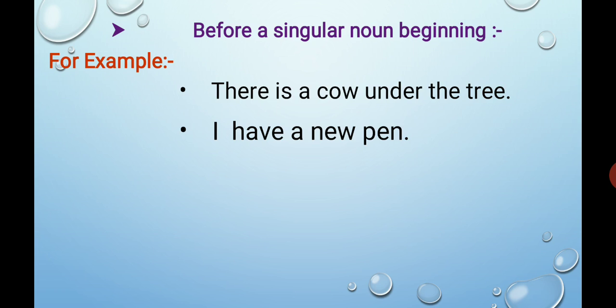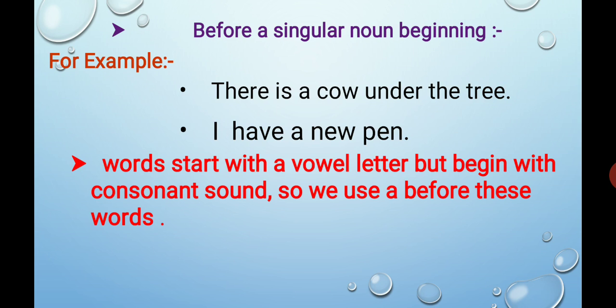Now let's move on to the third rule of uses of article a. And what is the third rule? Words that start with a vowel letter but begin with a consonant sound. So we use a before these words. It means words beginning with vowels, do you know what the vowels are, right?